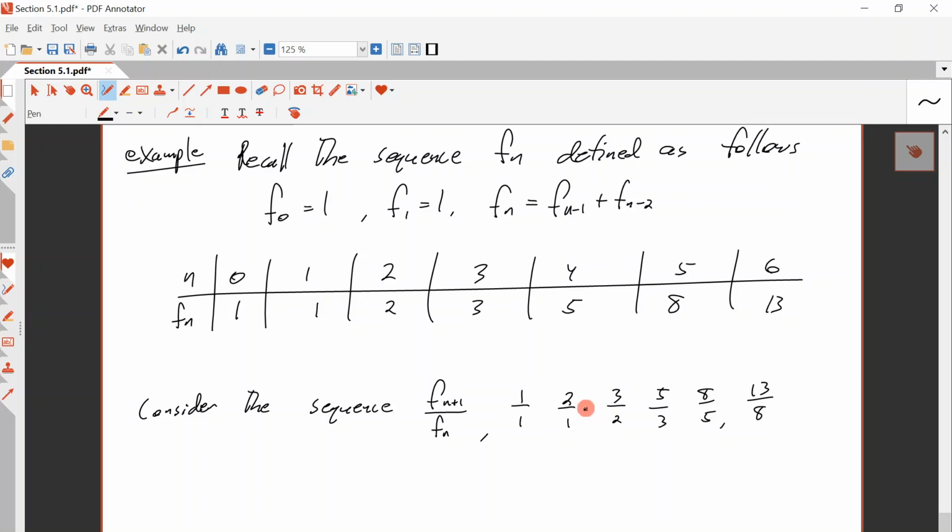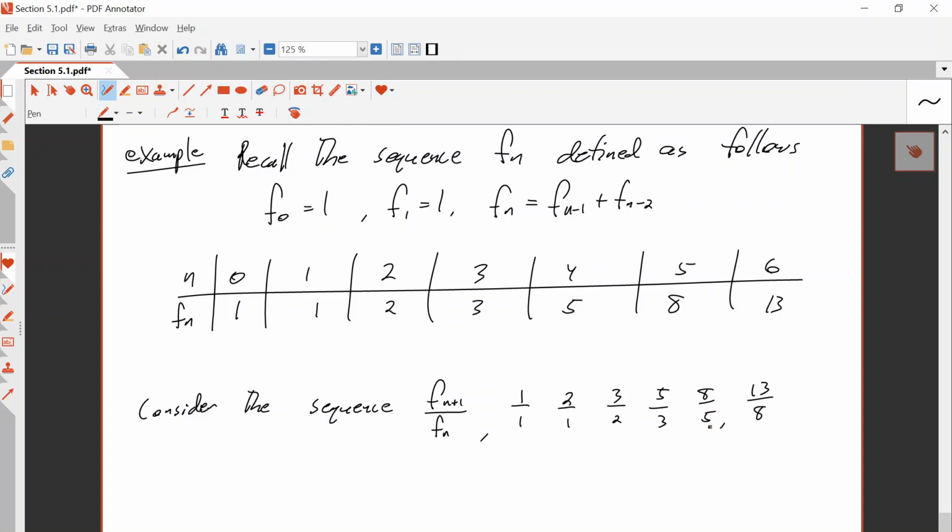Right? This is 1.5. This is 5/3, 1.67. This is 8/5, which is 1.6.